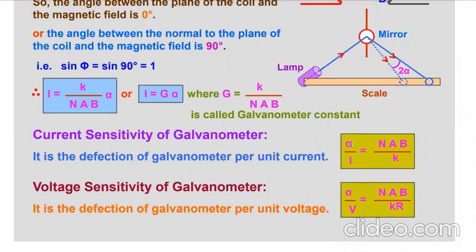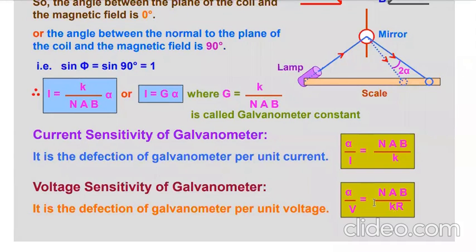So here, dividing both sides by R, resistance, this becomes alpha divided by V, and here we will get N A B upon K R. So in this case, we see that the voltage sensitivity of the galvanometer is inversely proportional to the resistance of the coil, and everything is the same.